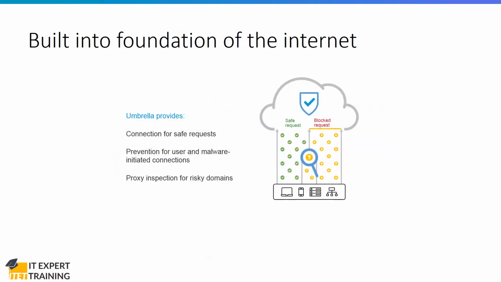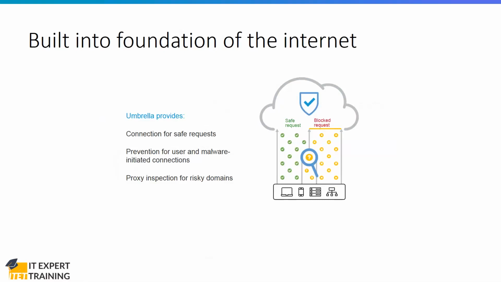So next, Umbrella determines if the request is safe or whitelisted, or malicious or blacklisted, or risky. So this kind of analysis it will do. And for example, if the request is safe, we route the connection as usual. That means Umbrella will route the connection without blocking.